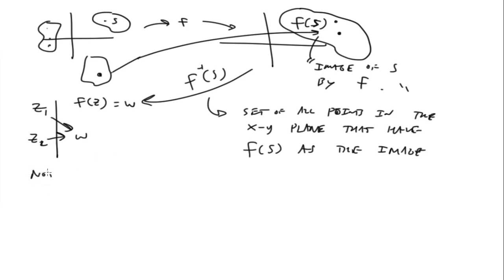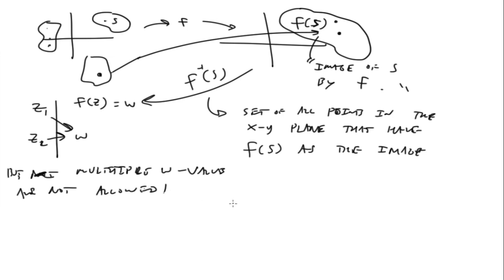What's not allowed, though, is multiple w values. Otherwise, it wouldn't be a function. So we can have many z values going to the same w value, but not the other way around. We can't have one z value create more than one w value.